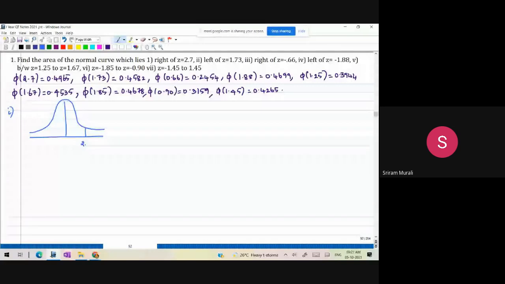You know the z value varies from 0, 1, 2, 3, minus 1, minus 2, minus 3. That is why I take 2.7 to the right of 0. This is my origin. Right hand side of 2.7 means this is the required area.